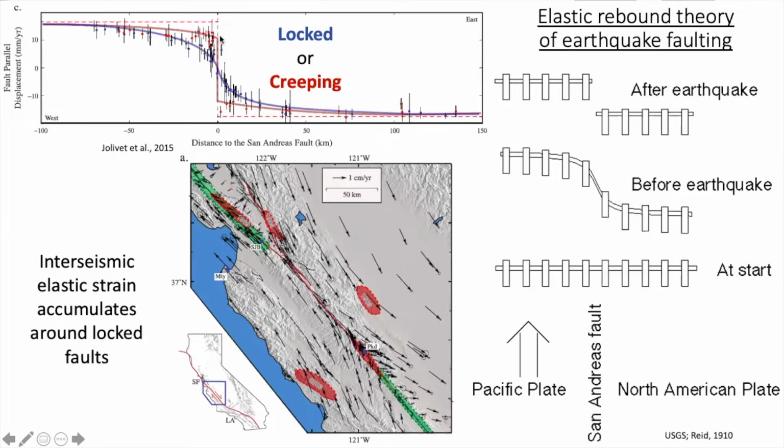This red profile is another way to look at these velocities. Here we're looking at the fault-parallel velocity on the y-axis and the distance to the fault on the x-axis. This sharp jump in velocities across the fault is indicative of a creeping fault, so there's very little elastic strain being accumulated around this segment of the fault.